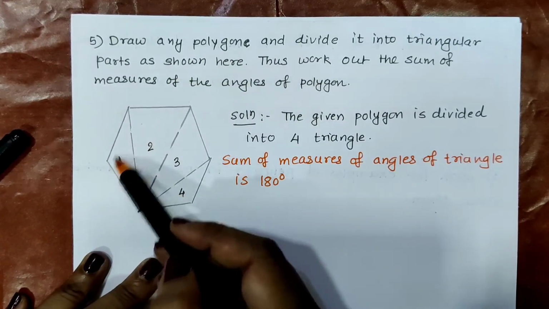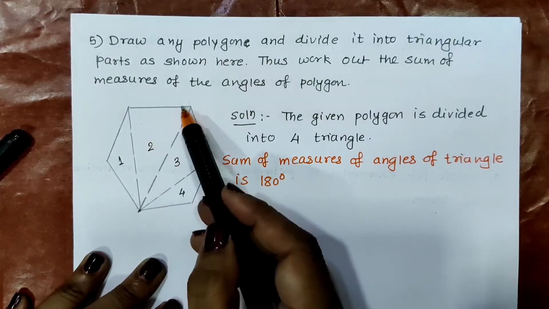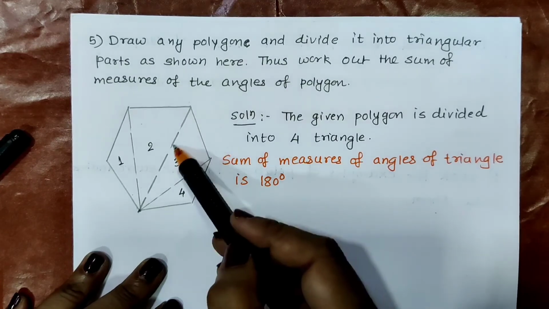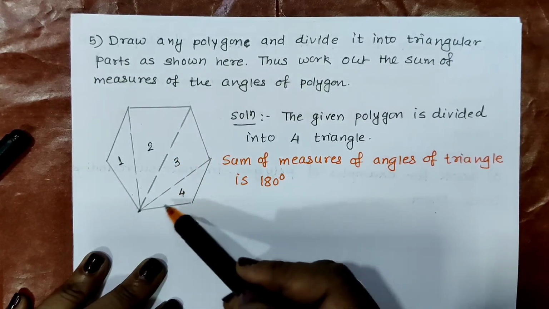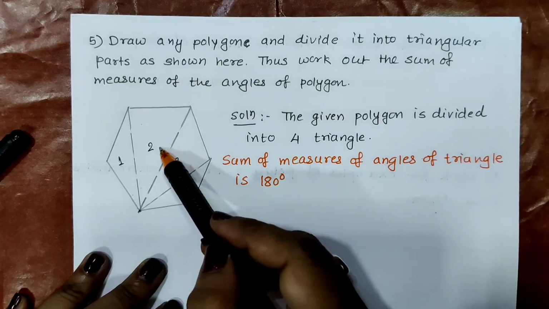That means measure of 3 angles of first triangle is 180 degree. Then measure of 3 angles of second triangle is 180 degree. Measure of 3 angles of third triangle is 180 degree. Measure of 3 angles of fourth triangle is 180 degree. So 180, 180, 180, 180.